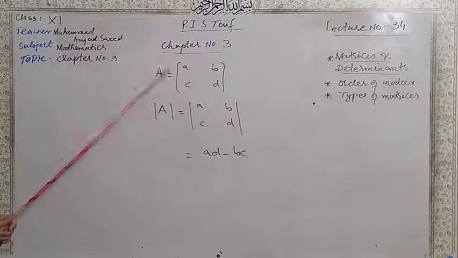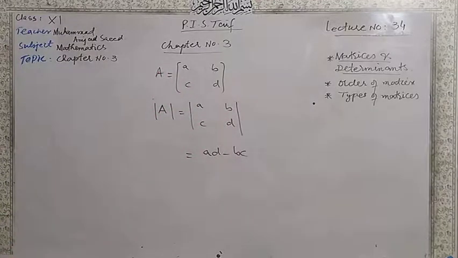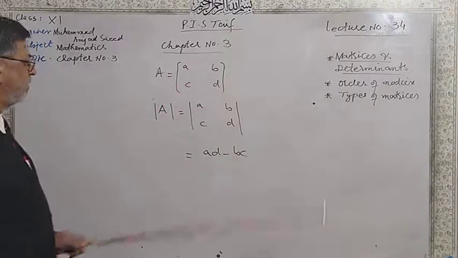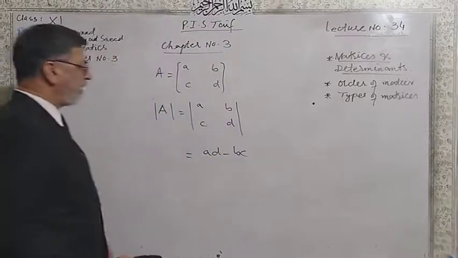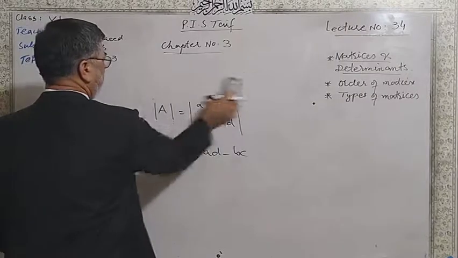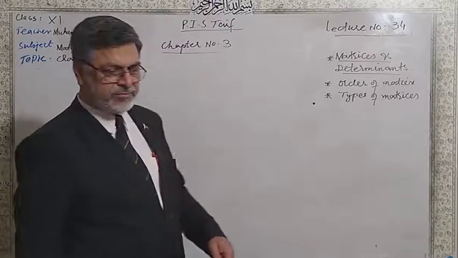This is the determinant, which is equal to AD minus BC. We will apply this formula for 2 by 2 matrices. You may remember that. In case of 3 by 3 matrices and so on, with higher orders, we can apply the formulas accordingly.